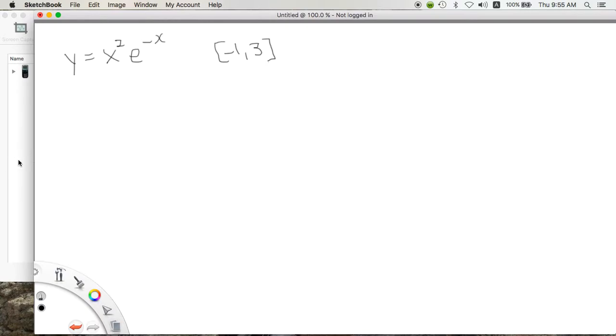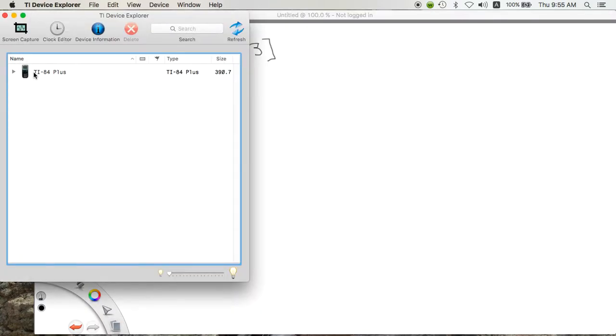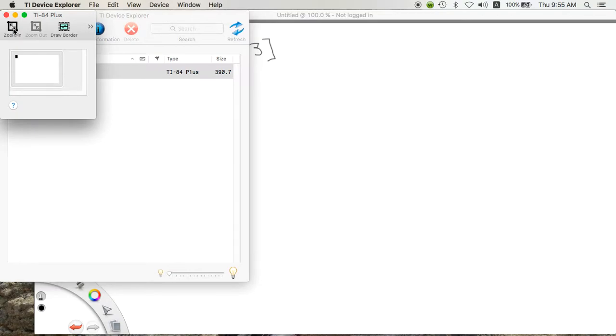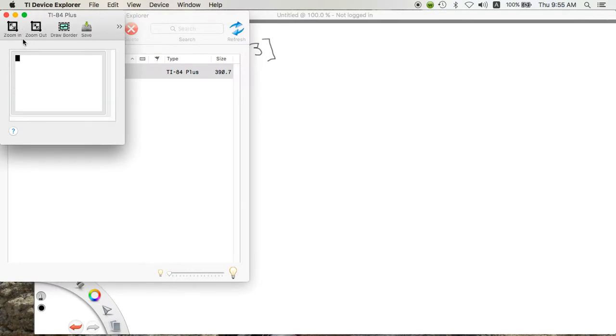So let's look at what that looks like. So we put it into our y equals, and then we can graph it. Now we just want to look from -1 to 3, so let's alter our window. So we go from -2 to 4, let's say.